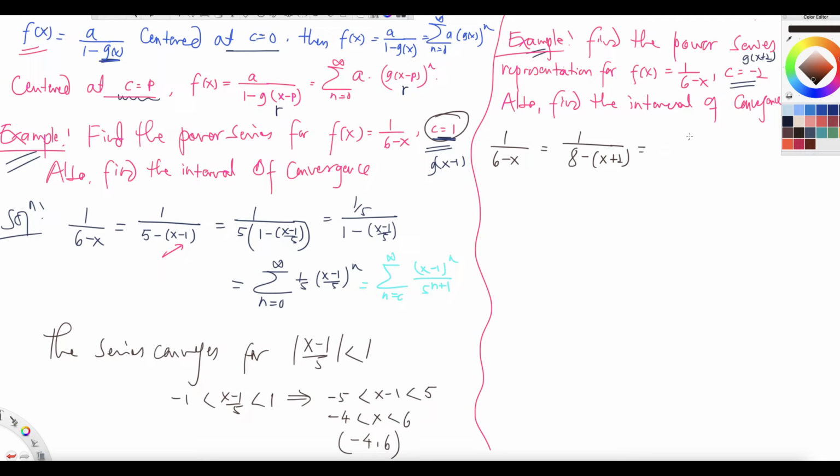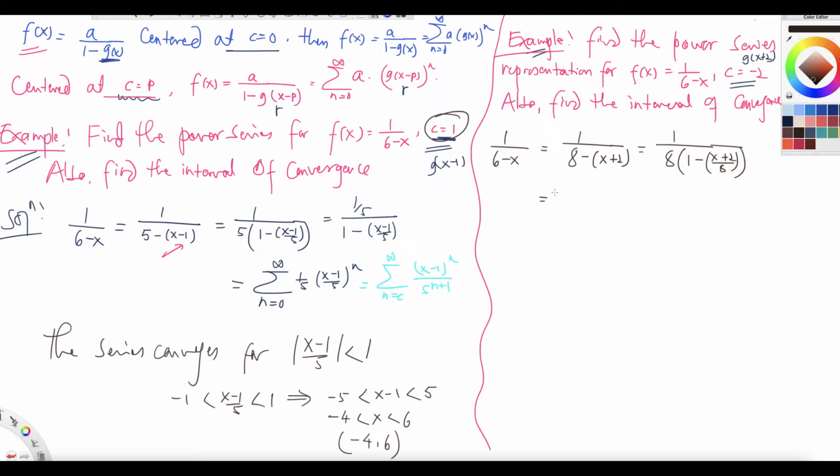Now let us factor out that 8. 1 over, let me take 8 out. You get 1 minus (x plus 2) over 8. You see that? And then there is another parenthesis there, right? Now let me put that 1/8 on the top.